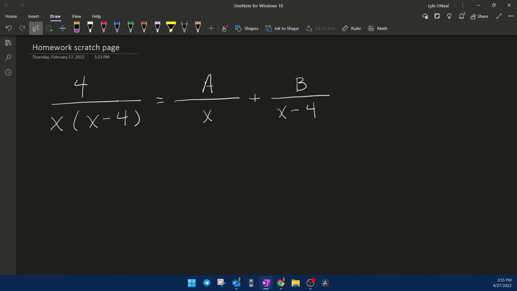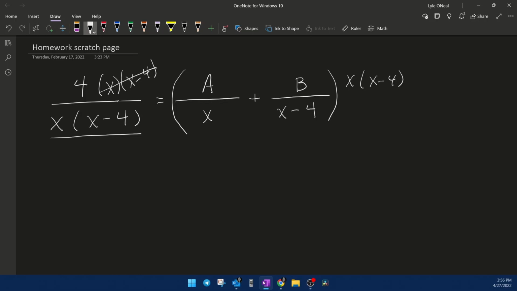Now, solving a rational equation means that we need to multiply through by the common denominator. So the common denominator for all 3 fractions is x times x minus 4. So we're going to multiply the left-hand side by the common denominator, and we're going to multiply the right-hand side also by the common denominator.